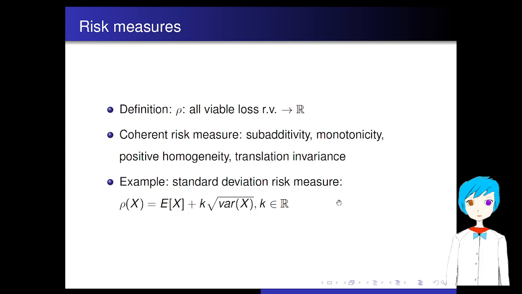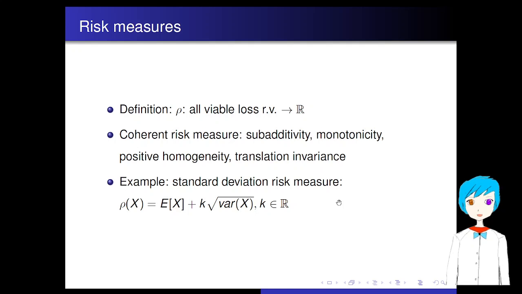Subadditivity means that rho of x plus y is smaller or equal than rho x plus rho y. Monotonicity means that for two random variables x and y, where x is larger or equal to y, rho x is also larger or equal to rho y. Positive homogeneity is that if we have a random variable x and a positive constant c, rho of c times x is c times rho of x.